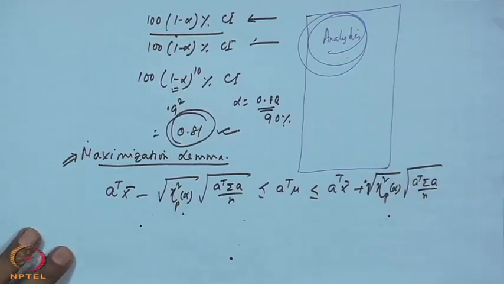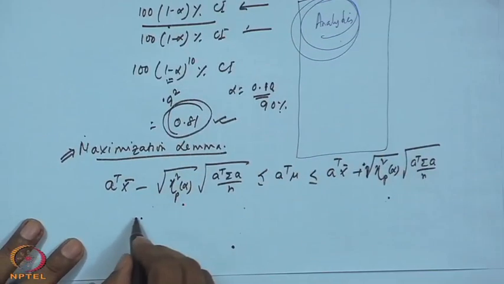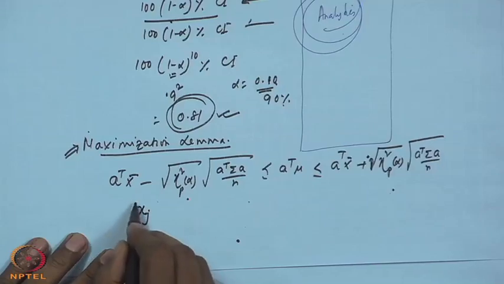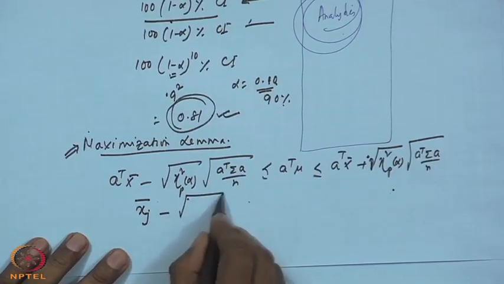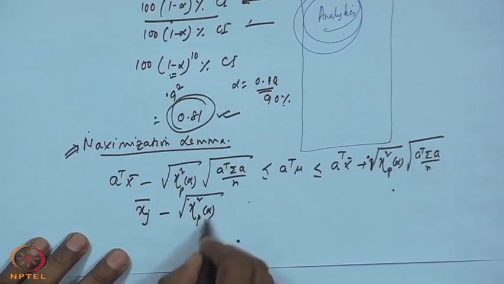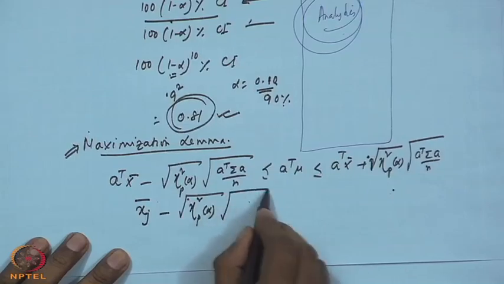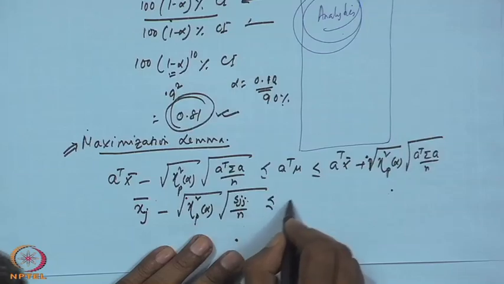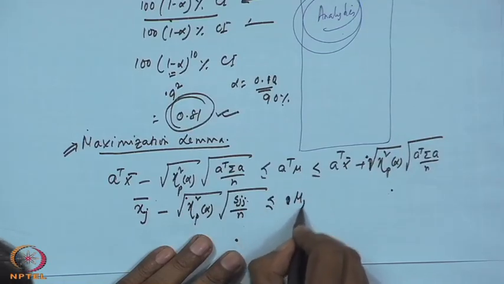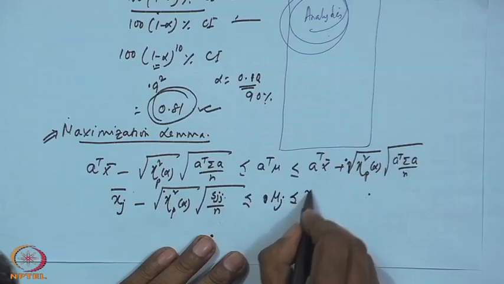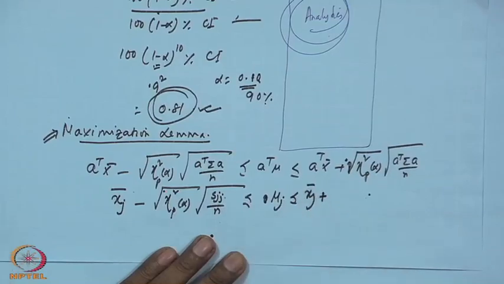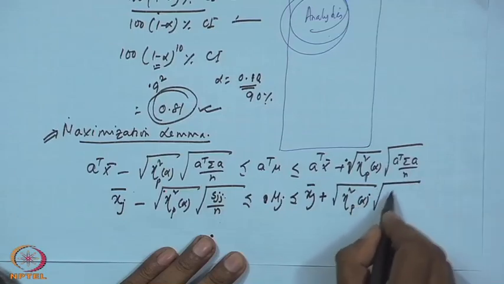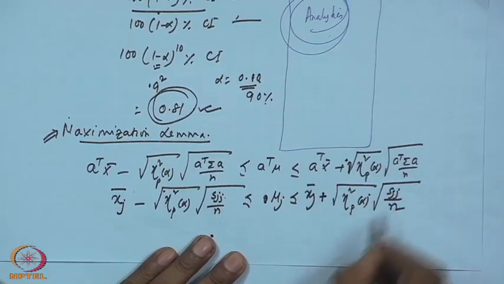Now, if you select A in a similar manner, then your individual confidence interval will be x j bar minus the square root of chi square p alpha times the square root of s j j by n, less than or equal to mu j, less than or equal to x j bar plus the square root of chi square p alpha times the square root of s j j by n.